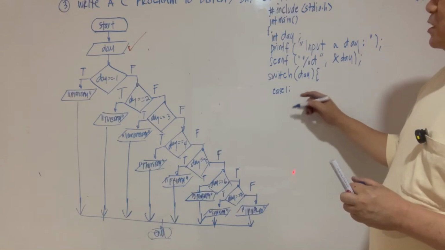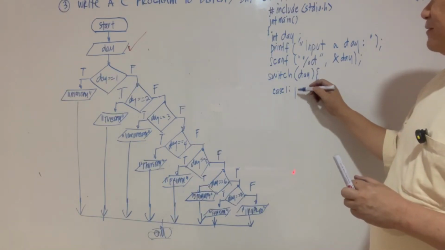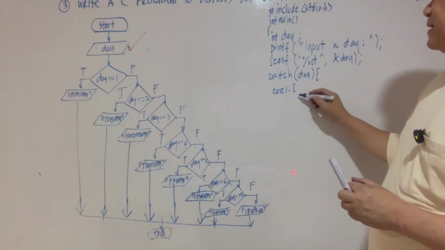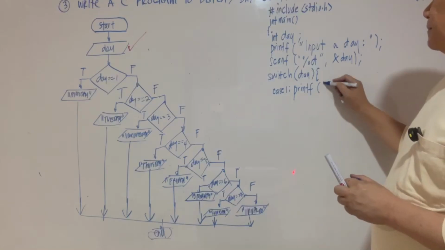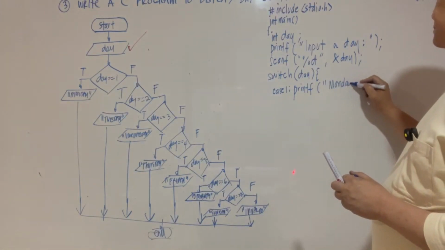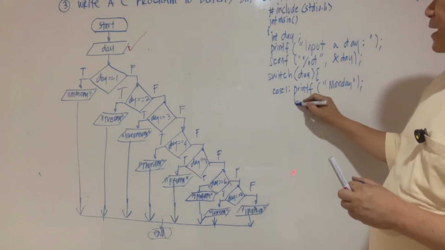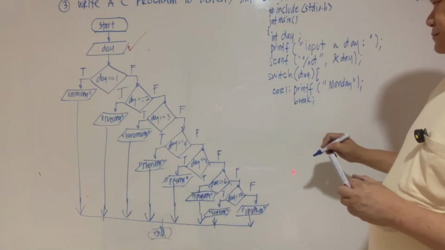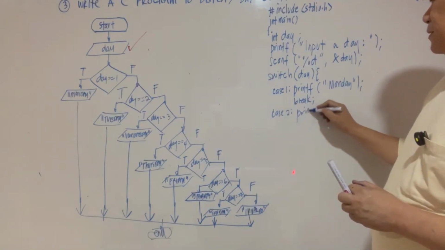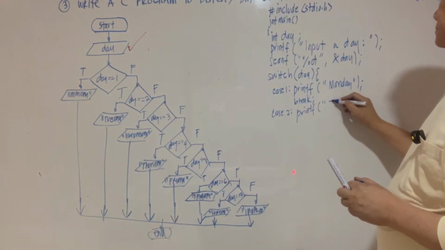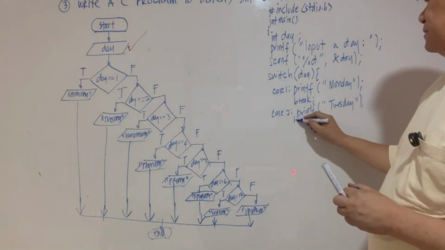If the user opted for 1, that will give you a printf of Monday, semicolon, and then you put break. Case 2, same with the rest of the days, then break.